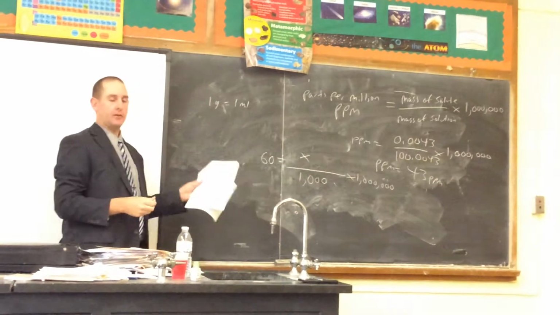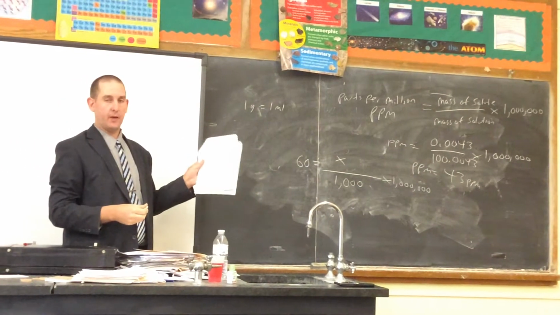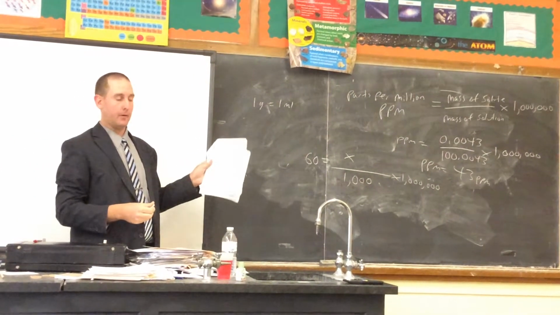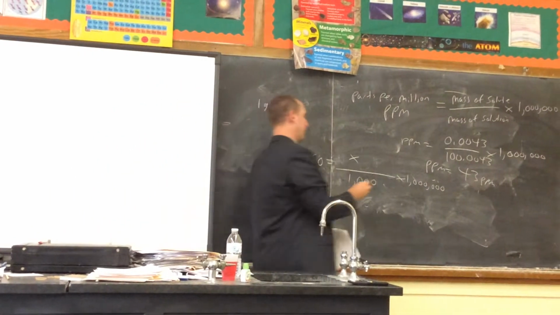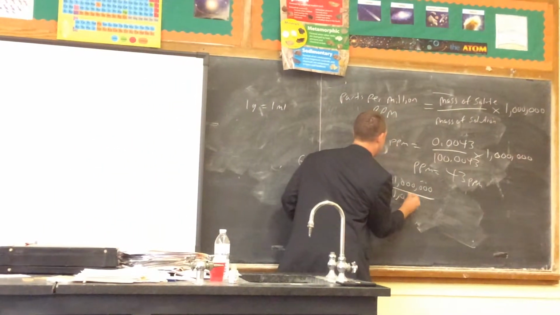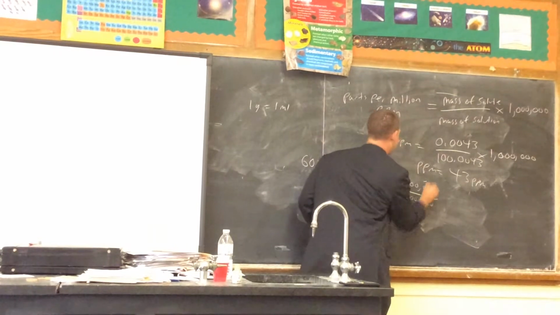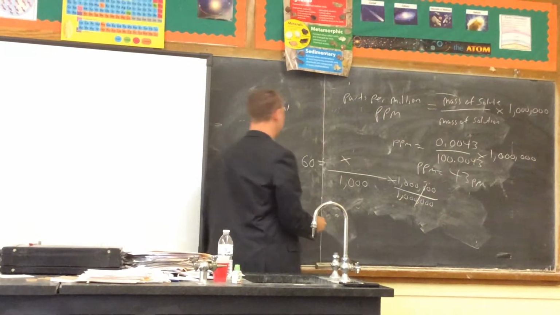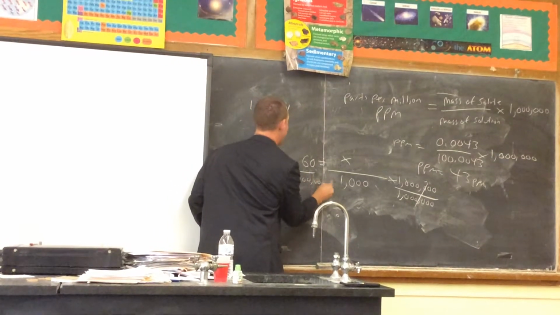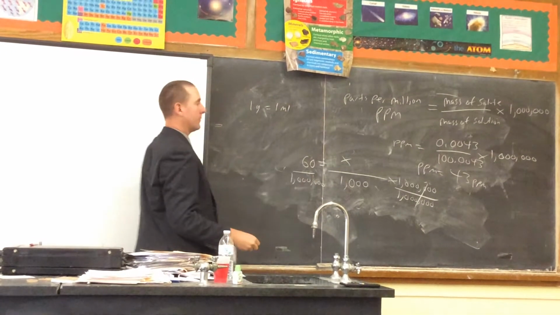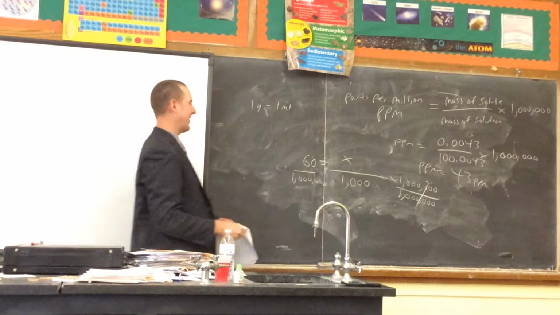All right, so we start out these like we just did the last two number 3s for percent by mass, percent by volume. So instead of dividing by 100 on both sides, we're going to divide by a million on both sides. Divide by a million here, the millions cancel out. Divide by a million here. So you're basically moving the decimal point 6 places to the left.